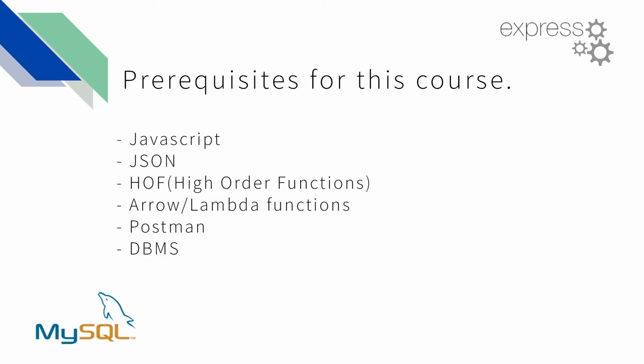We also need to know arrow or lambda functions. Most of my callbacks will be using lambda functions. I won't use the old or traditional way of naming functions or creating functions. So yeah, arrow functions, and then Postman. You don't need to know this, although it's nice if you have some background about Postman.